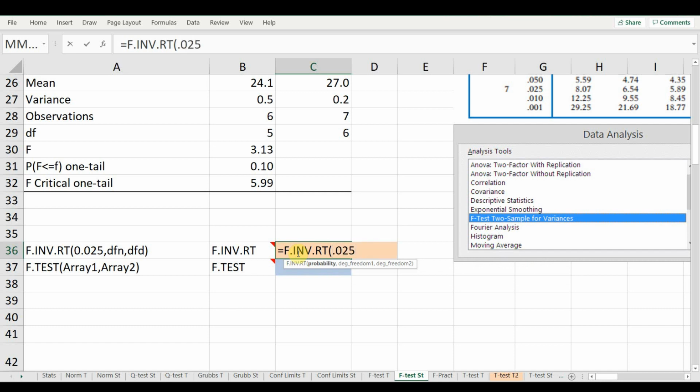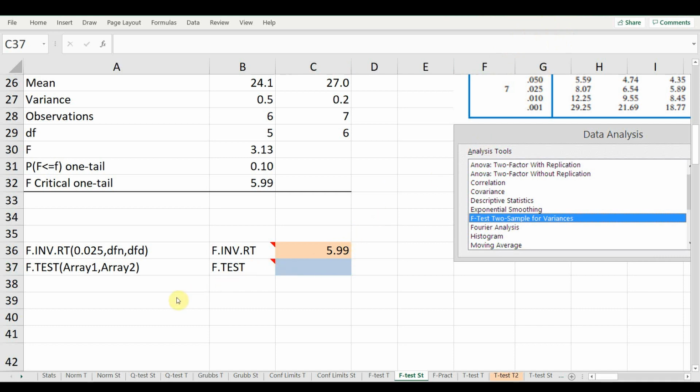Because we're using a two-tailed test at the 95% confidence level, we cut the significance level in half. Instead of writing 0.05, we write 0.025. Degrees of freedom, you must put the degrees of freedom for the larger variance first. That was 5 and a comma. 6 degrees of freedom for the lower variance, close bracket, 5.99, the same as we got above.